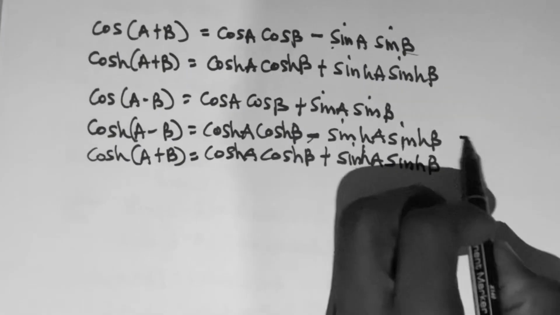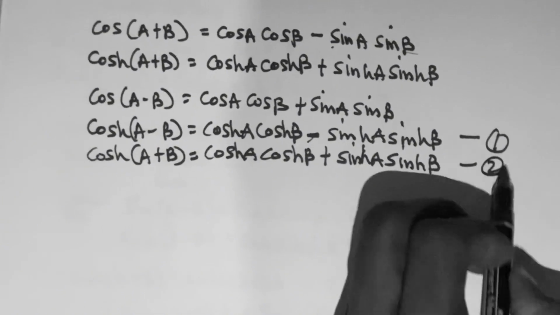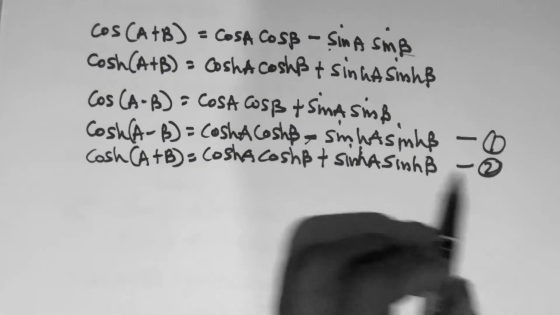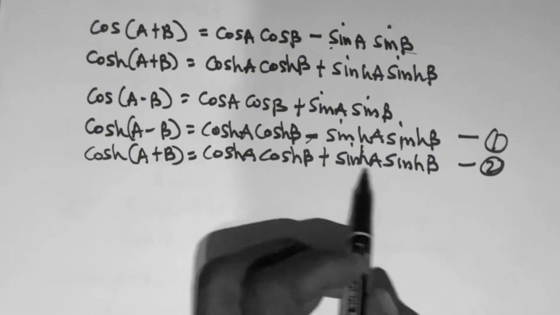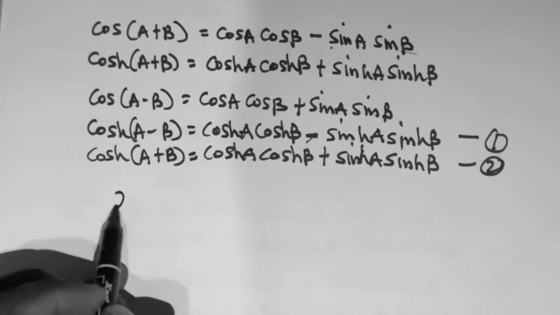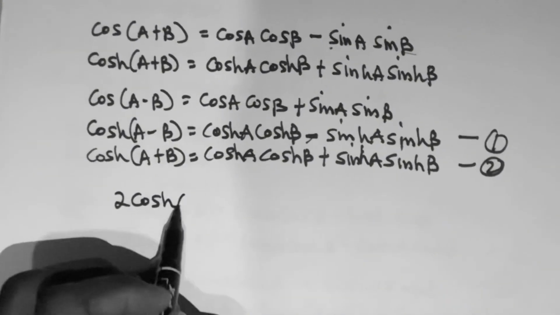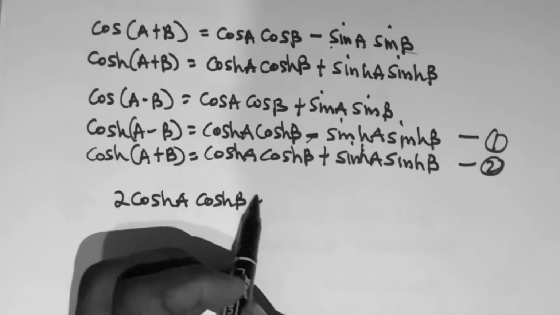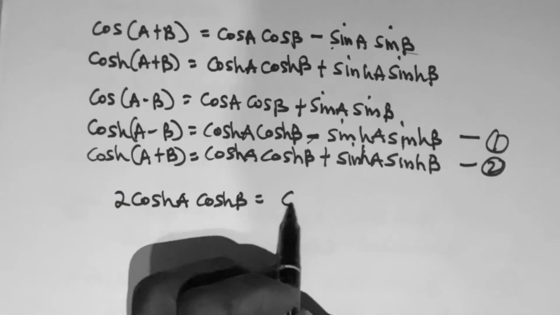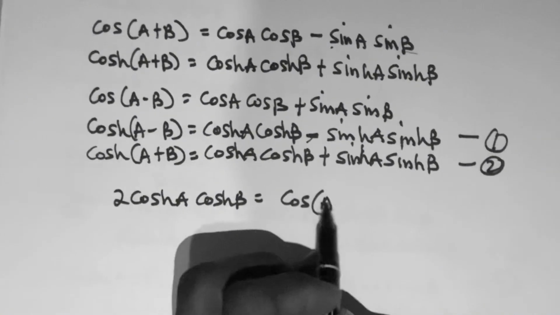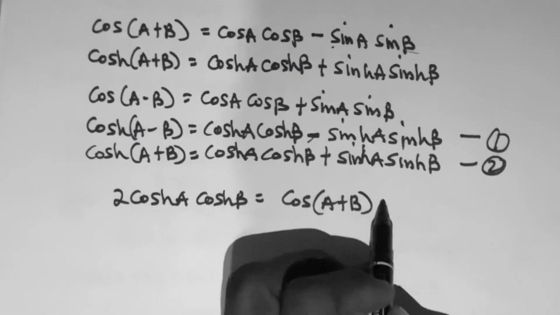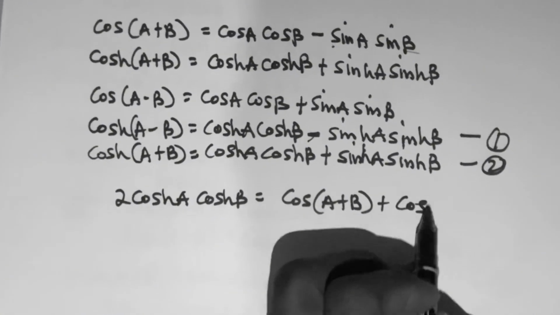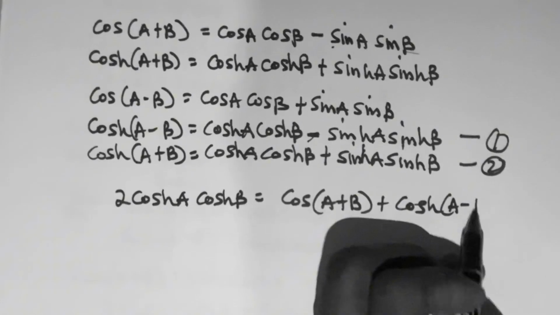So now let's assume this is equation 1 and equation 2. If we add equation 1 and equation 2, this side of the equation goes to 0. So we will get 2 cos A cos B equals cos(A plus B) plus cos(A minus B).